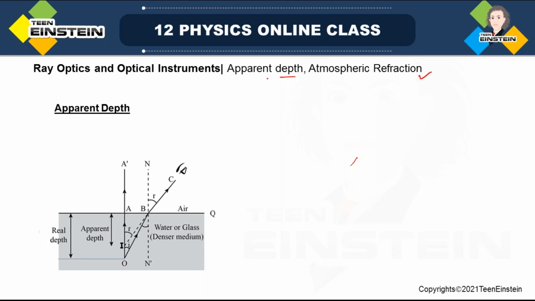You might be thinking, what is this? So this apparent depth, if I have a clean water tank, very clean water, and I just drop a 10 rupees coin and ask you to get it at a single attempt, it might be a little bit difficult to get it at a single chance.